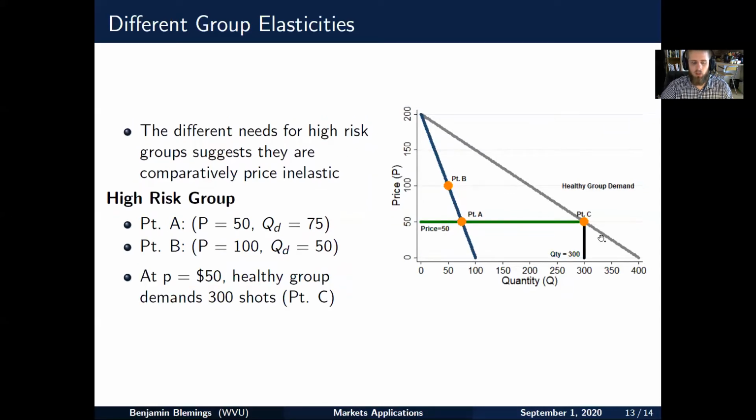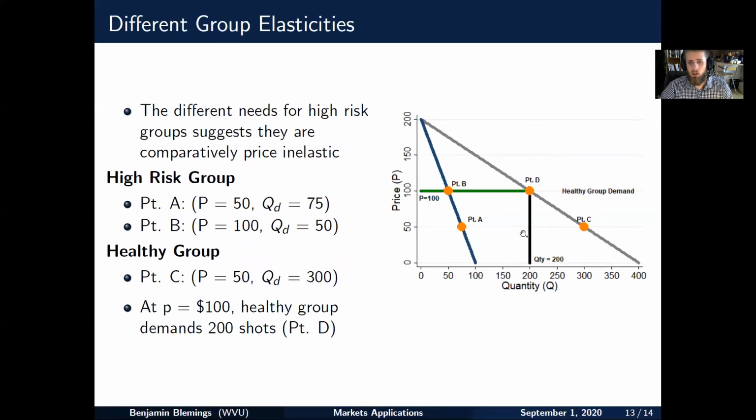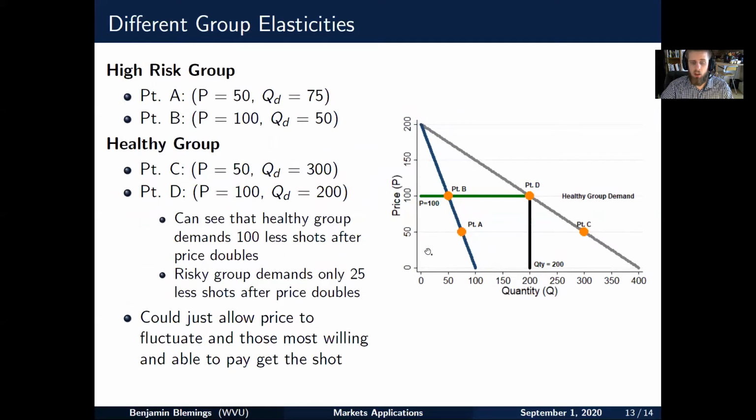Now, if you're on the healthy group's demand curve, the price is 50 and you double it to 100, now they're demanding 100 fewer shots, compared to only 25 for the risky group. So we know that the risky group is much less sensitive to the price because they need the vaccination to stay alive. And so that's just another application that we can use for supply and demand.